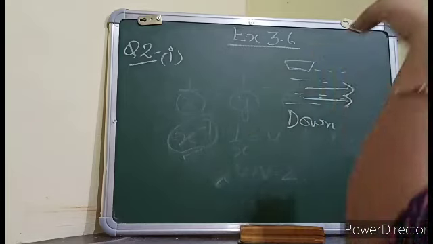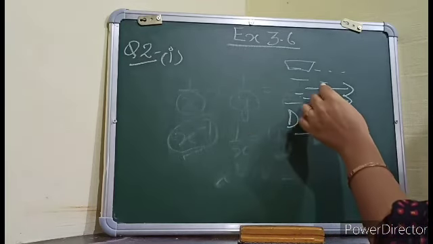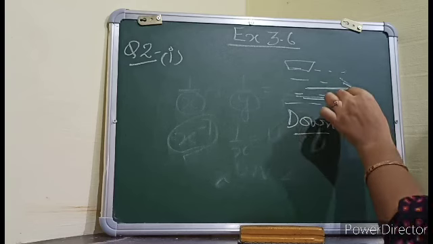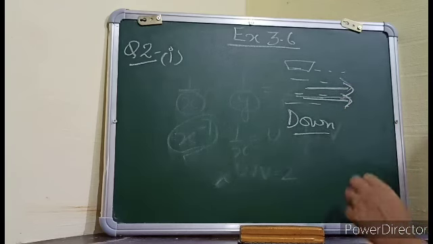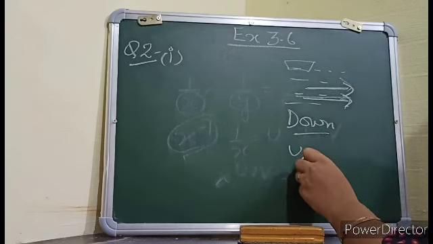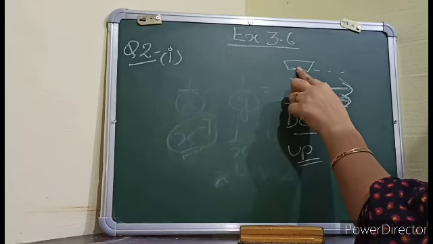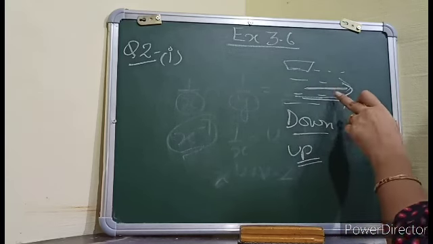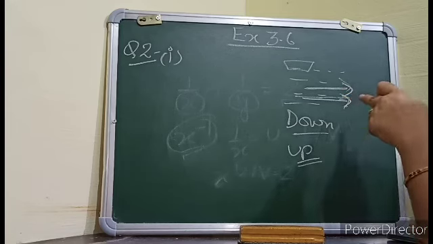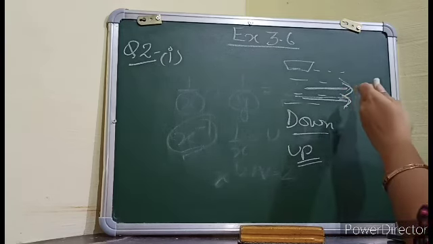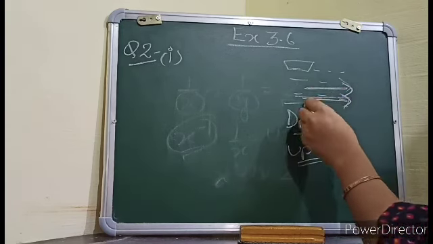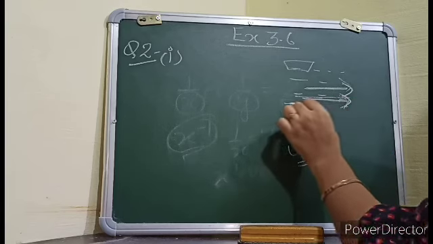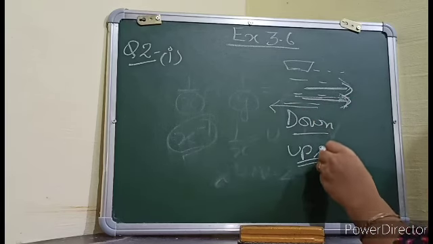It's not that it is going downwards, that's not the meaning. Downstream means they both are moving in the same direction. And upstream means when the boat is moving against the current. Current means not electricity, current means the flow of water. So if the flow of water is in this direction and the boat is moving in the opposite direction, that means upstream.